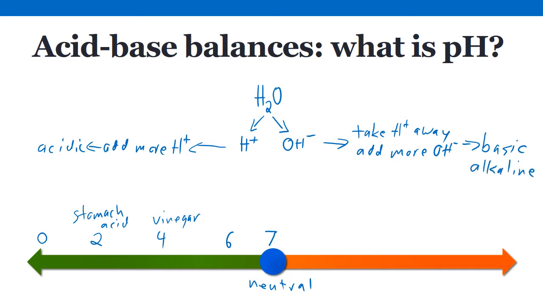Those words are sometimes used interchangeably. Since we're taking H plus away, our amount of H plus goes from 10 to the negative 7 to 10 to the negative 8 or 10 to the negative 14. So you can get pH numbers of 8, or as high as 14.